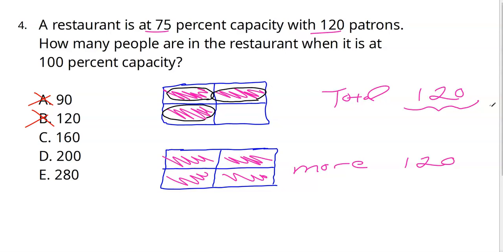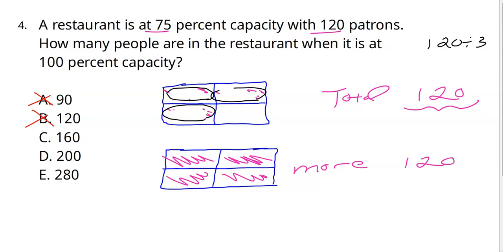So let's just take 120 divided by these 3 pieces, because there's 3 pieces here, which would be 40. I'm just figuring this out intuitively.